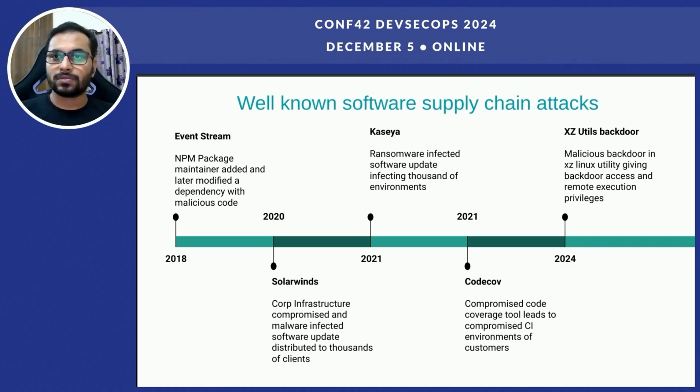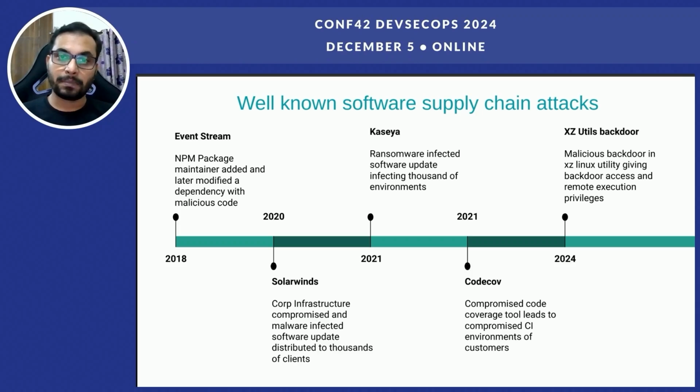So these are some software supply chain attacks. There are actually a lot more. I just selected a few of them to show you the variety of attacks. The first one is event-stream in 2018. An attacker published a new npm package called flatmap-stream with no malicious code. A month later, it was added as a dependency of the event-stream package.